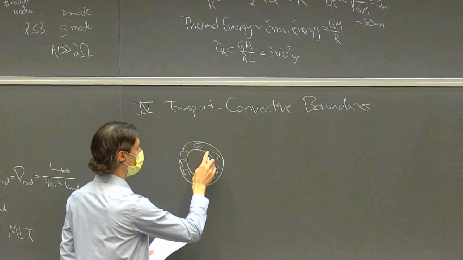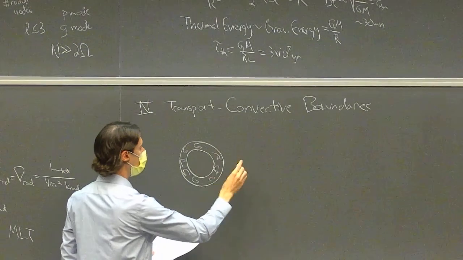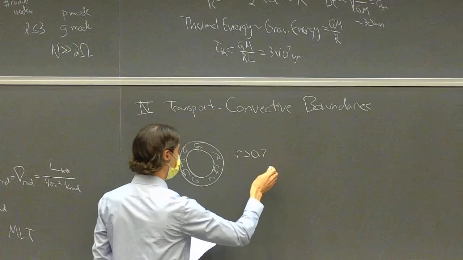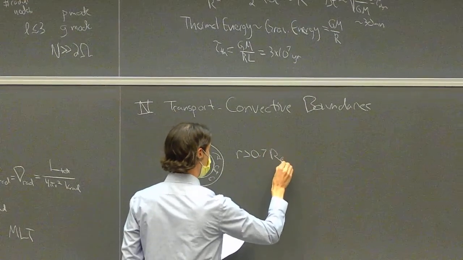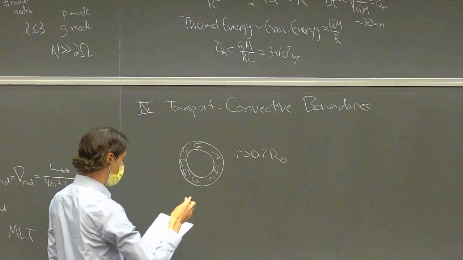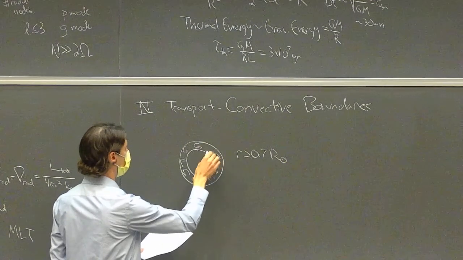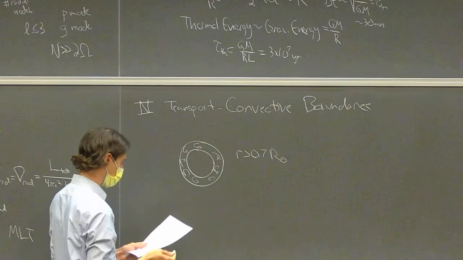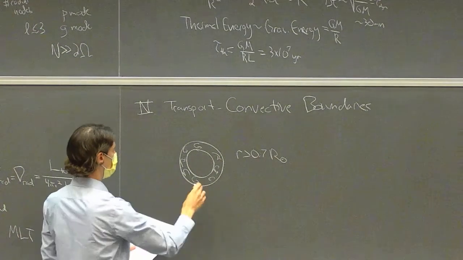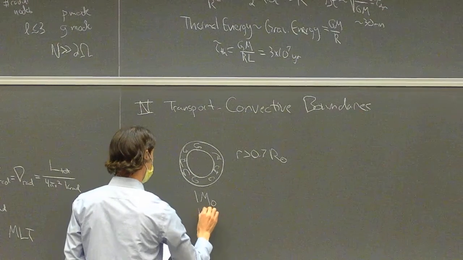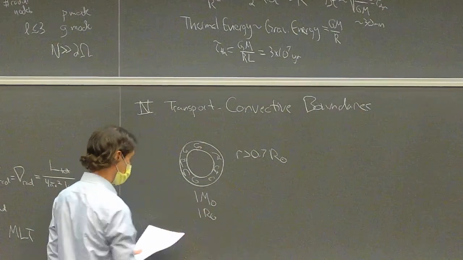That luminosity is initially transported via radiation, and then at a radius greater than about 0.7 solar radii, radiation can no longer transport the entire luminosity, and then it becomes a mixture of radiation and convection out to the surface. So this is what's happening for a star like the sun.